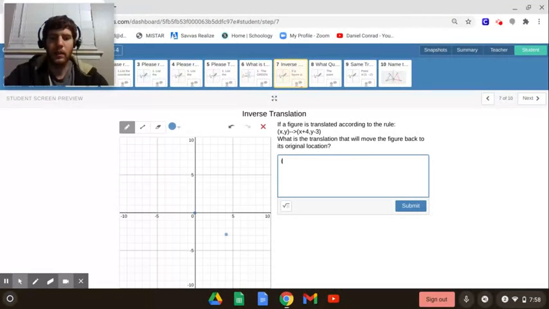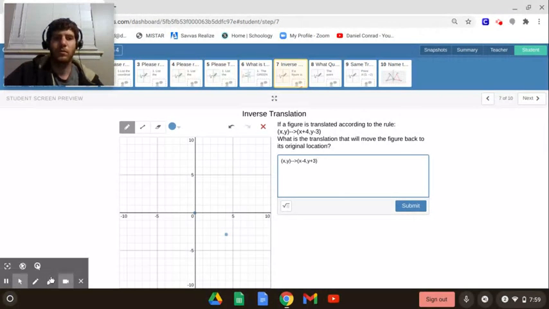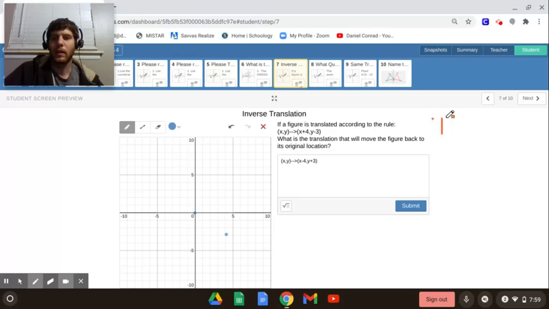So this would be (x, y), and we would go left 4, so that's x minus 4, and then up 3, y plus 3. If we wanted to write those as vectors, in case they show us a vector on the test, the original rule would have been written as the big T for translation, then 4 for your horizontal shift, 4 to the right, and negative 3 for your vertical shift down 3.